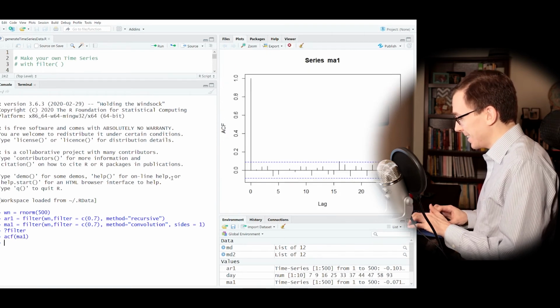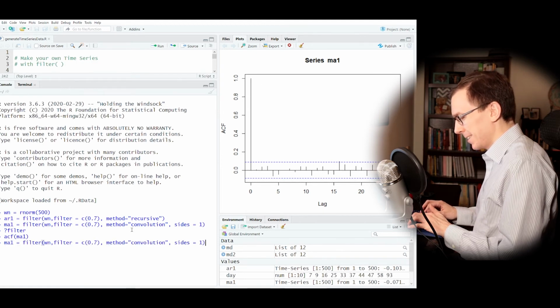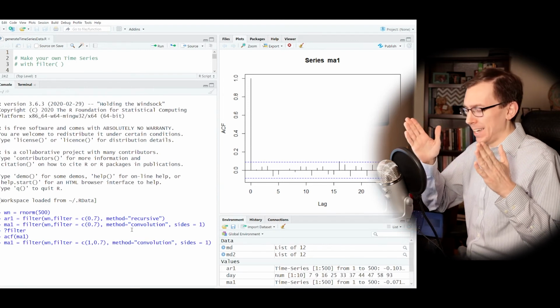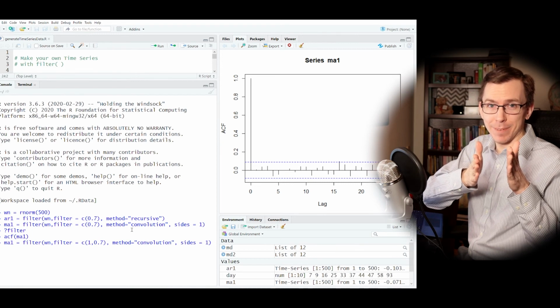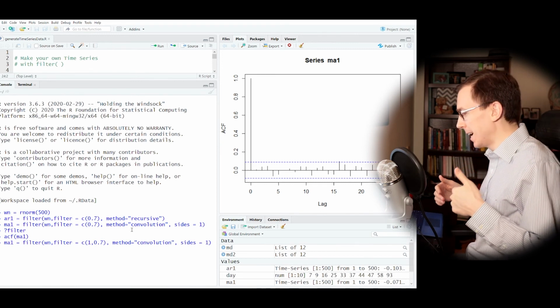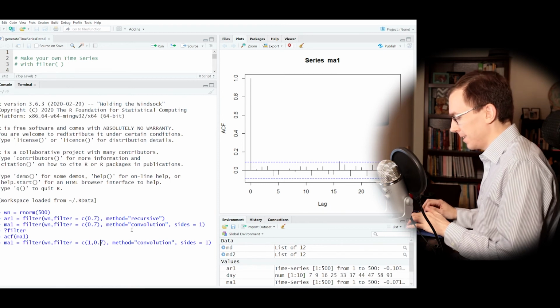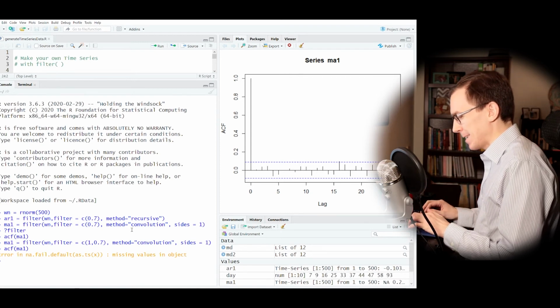See, now in that case, this looks more like white noise, which means I made a mistake. What I should be doing, I think, is put a 1 there. So effectively, I'm taking the current time and giving it a coefficient of 1, and then taking the previous time point, the white noise that is, and giving it a coefficient of 0.7. Of course it has missing values.